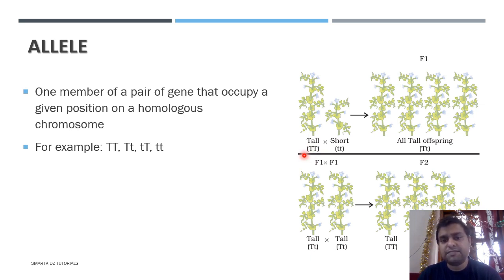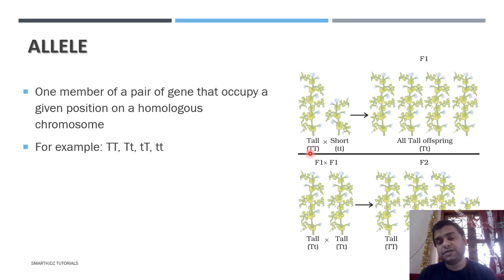It is a member of a pair of genes, and when it segregates into gametes, we'll see later on how one T can segregate. Segregate means distributed separately. It can donate two capital T's, but separately, individually. And similarly over here, short, this is homozygous recessive.